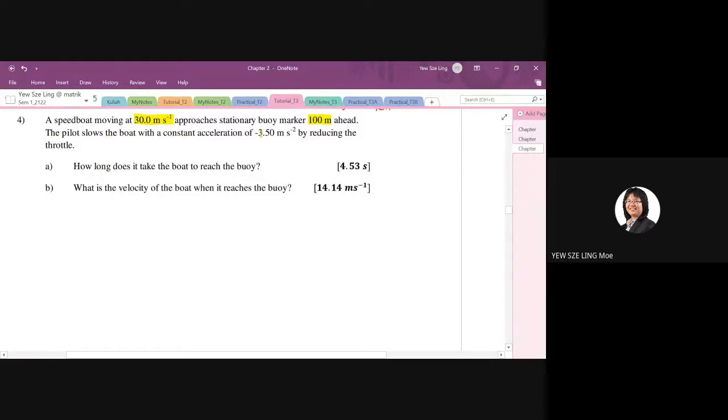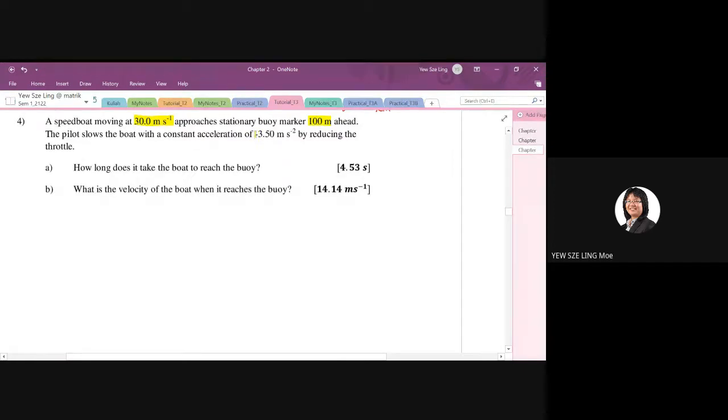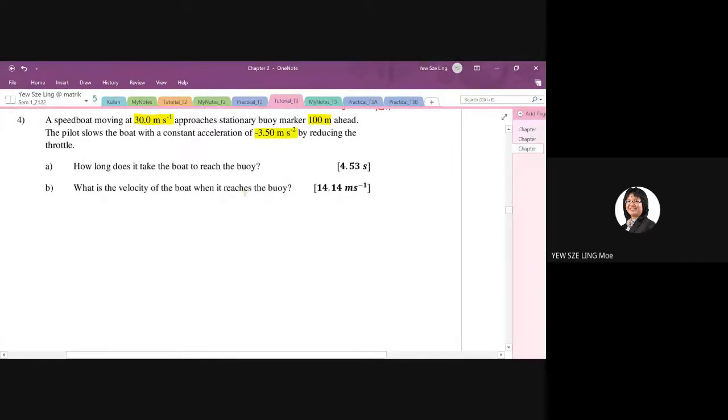This question is very nice to us because it already gives you a negative acceleration, so you don't have to think whether to use a positive or negative value. Sometimes questions give you negative directly, but some questions, like the previous one, mention deceleration, so you yourself have to know to use a negative sign in your calculation.